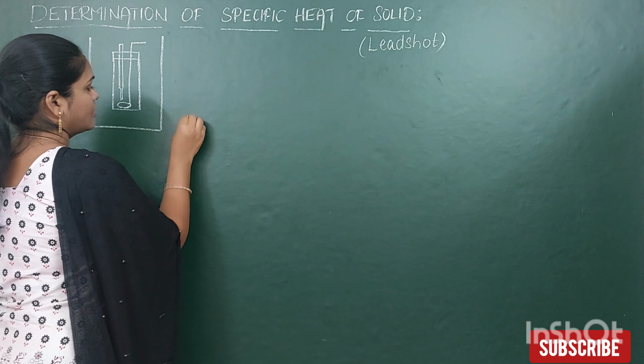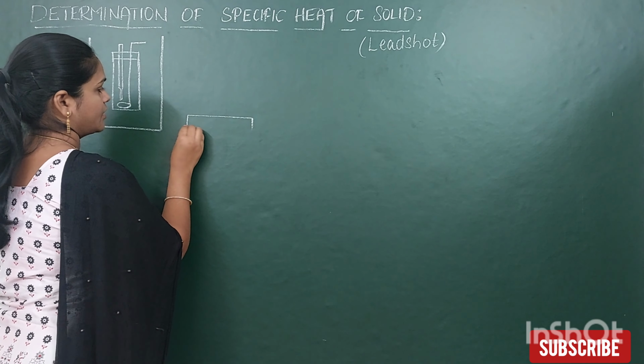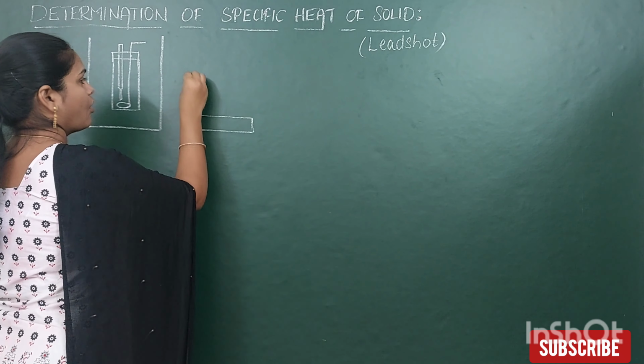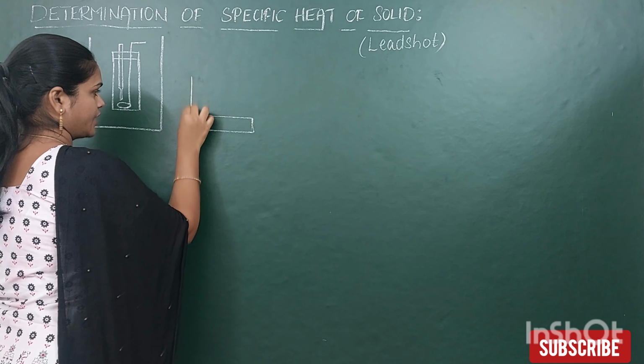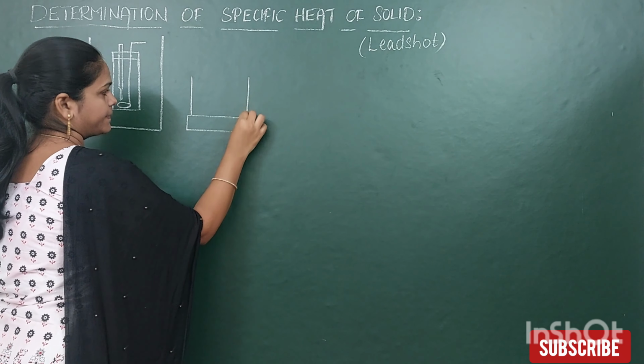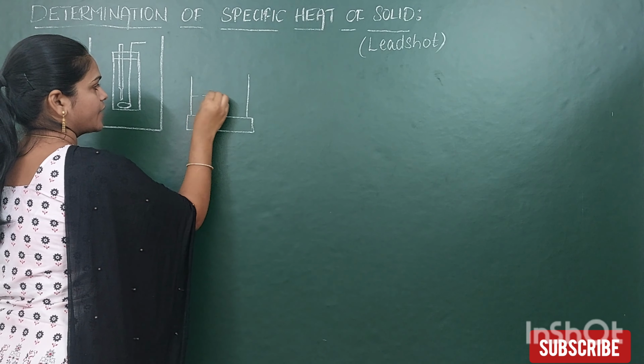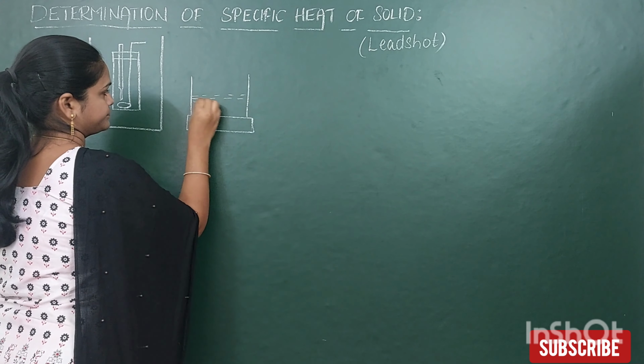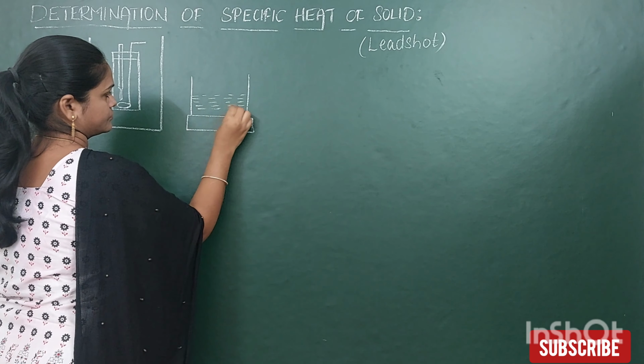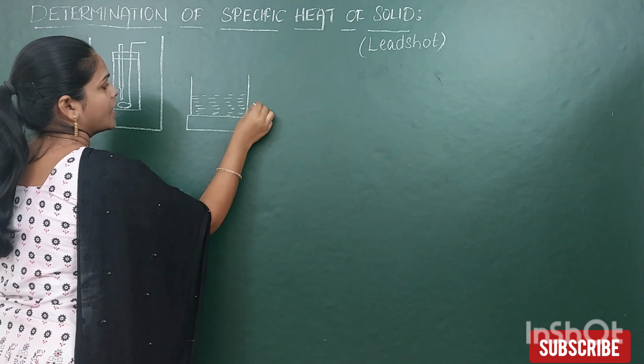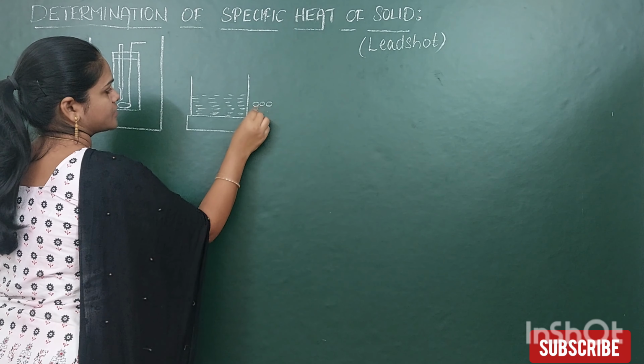Next, we have to take an induction stove. On that induction stove, we have to keep a beaker. In that beaker, we have to take some water, and some lead shots are present.